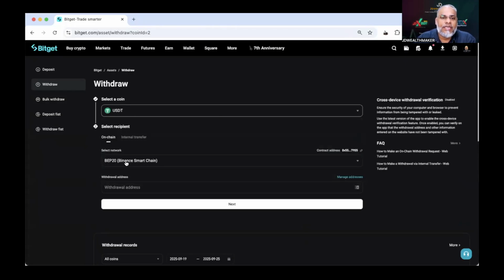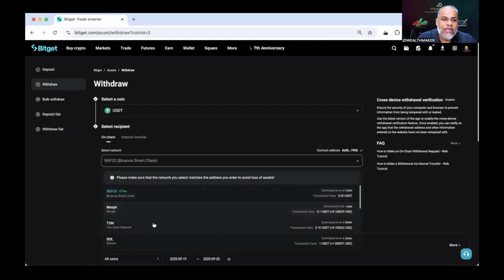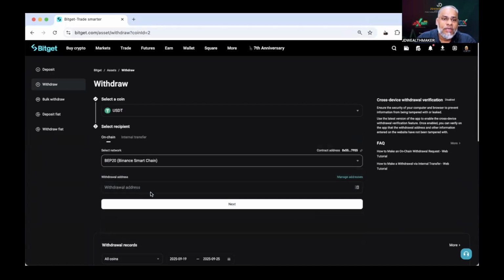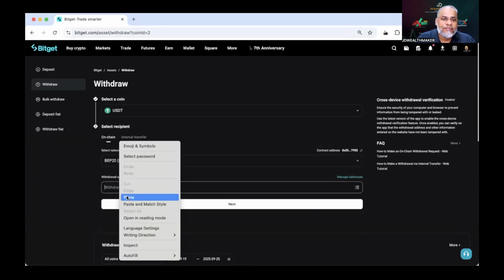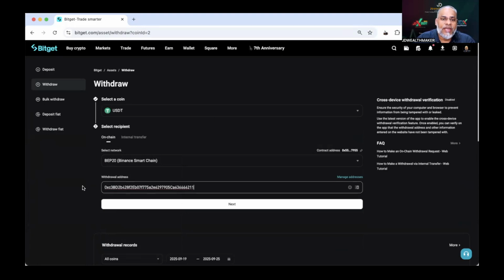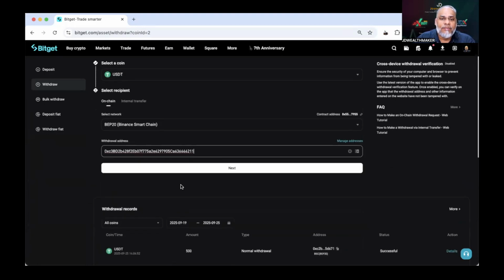Here you see BNB Smart Chain automatically. Make sure it is BEP20, Binance Smart Chain, because there are many other networks. BNB has zero fees. So you use BEP20, paste the address here, and once you paste the address, you can proceed next.